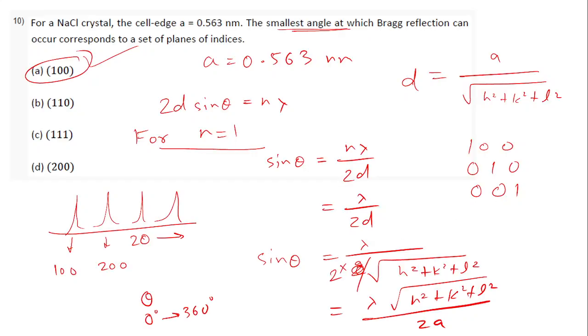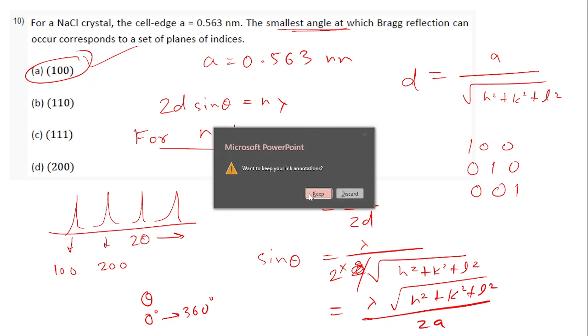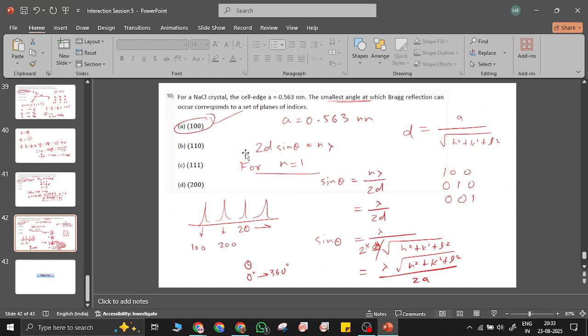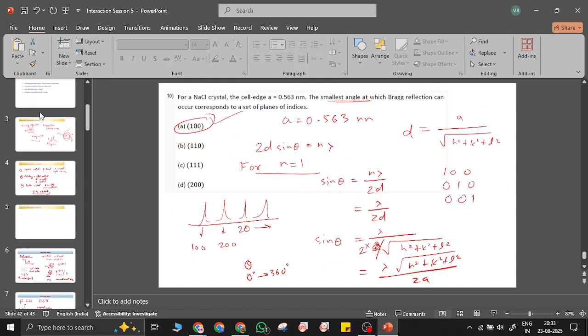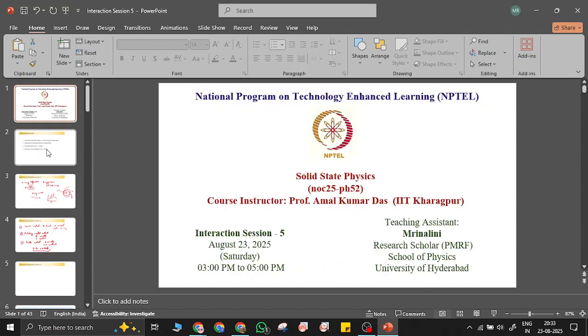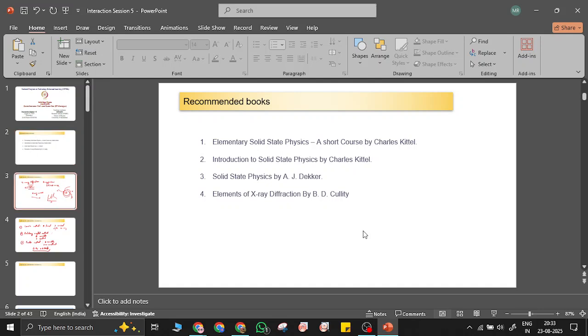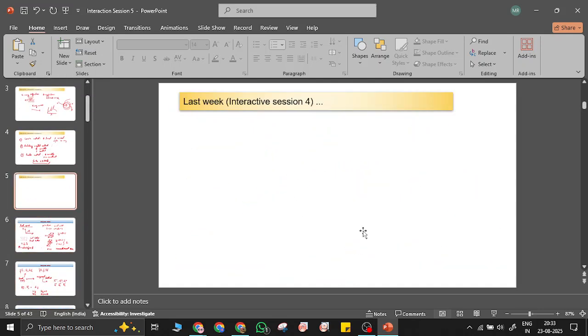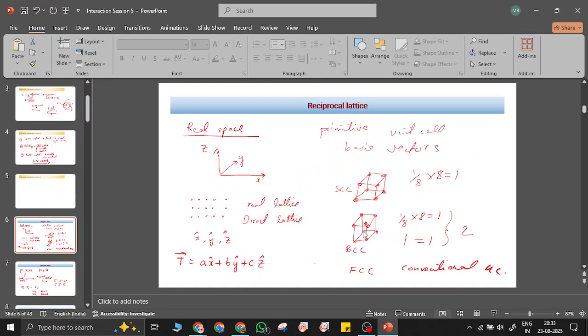Okay, so only these many questions this time, and if there's no more question then the time's also up. As a quick review, in this class we understood what is reciprocal lattice, what are reciprocal unit cells, and how we get reciprocal lattice vectors that we define on the basis of real lattice space vectors.